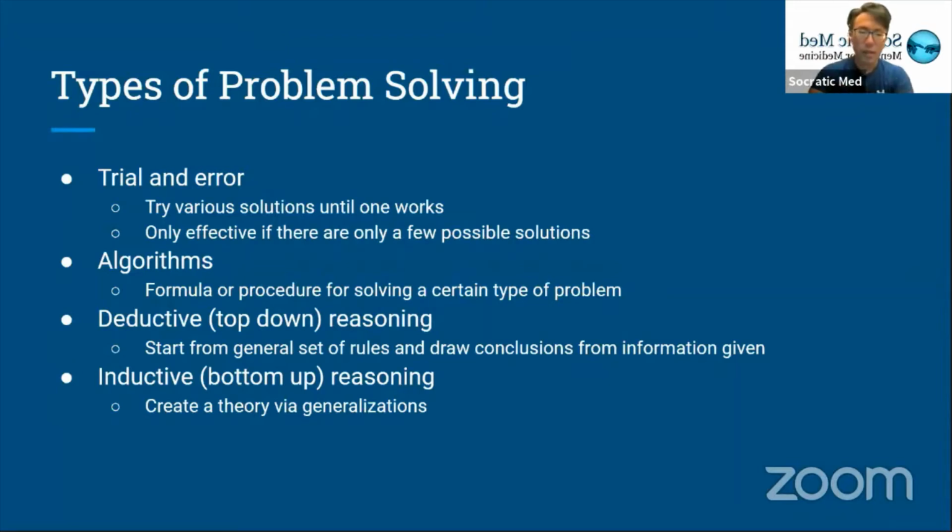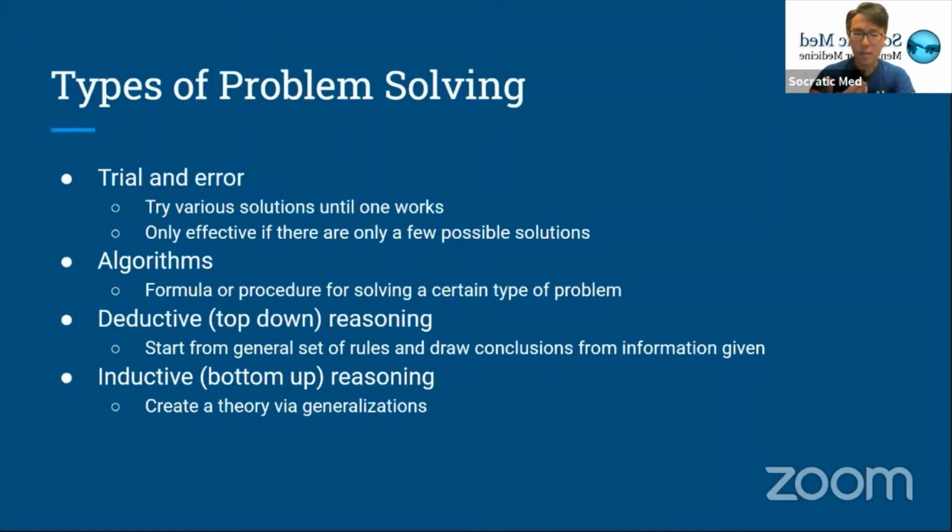I think of deductive as like decrease. You start from general and keep narrowing it down until you reach your answer. You start from the top and you work your way down.